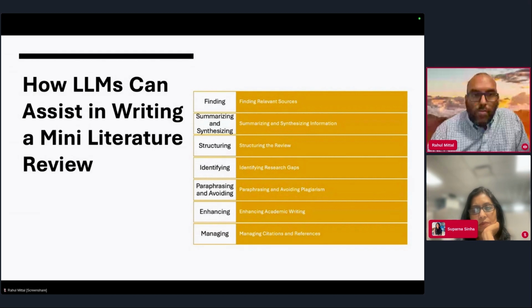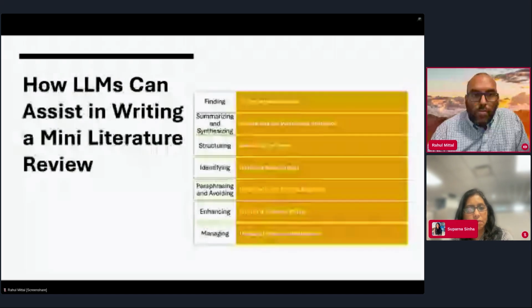This gave us a unique opportunity to help scaffold out a mini literature review with them, help them identify the research question, and showcase some of the gaps. It also helped them enhance their academic writing and gave them confidence in managing their citation and referencing.